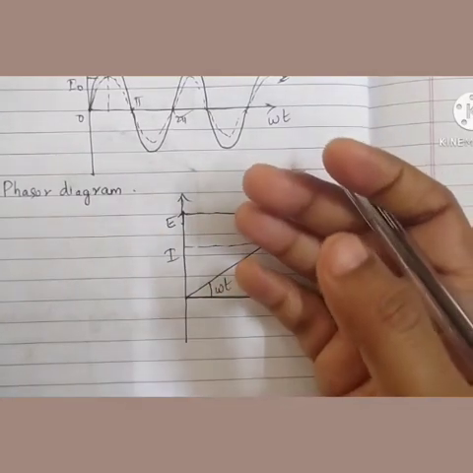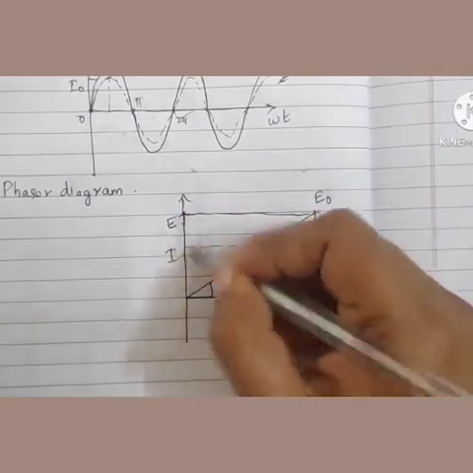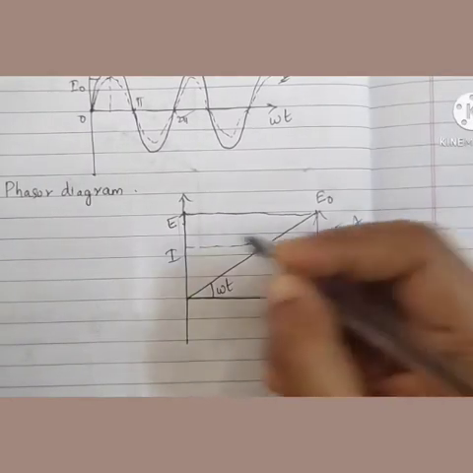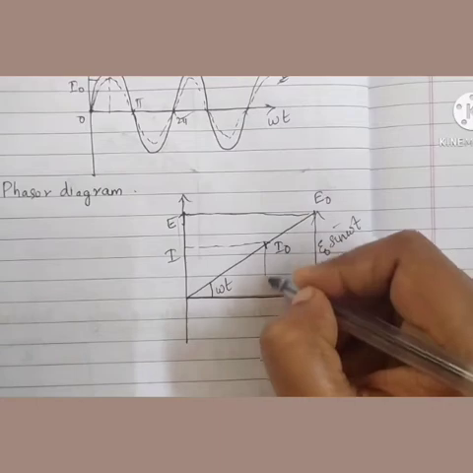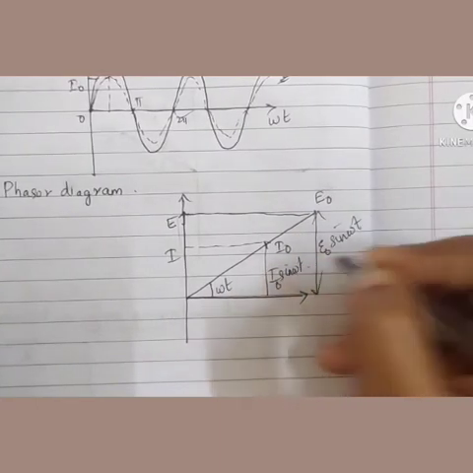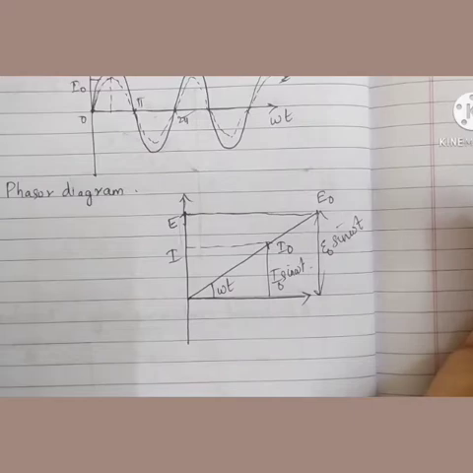Right. So this value is the instantaneous value E0 sine omega t, and this value is actually I0 sine omega t. So this is the phasor diagram for purely resistive circuit. Clear for you?